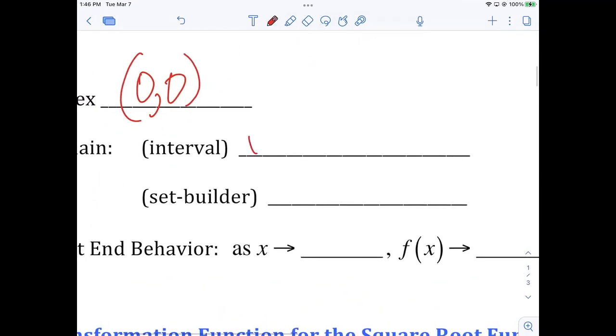So in interval notation, we would say x is an element of the bracket 0 to infinity. Set builder: the set of all x such that x is greater than or equal to 0. There you go.